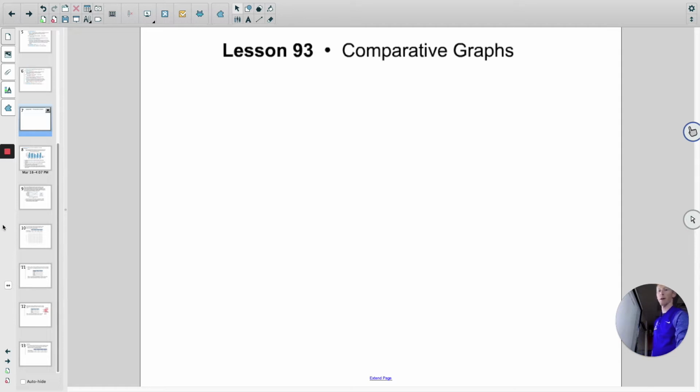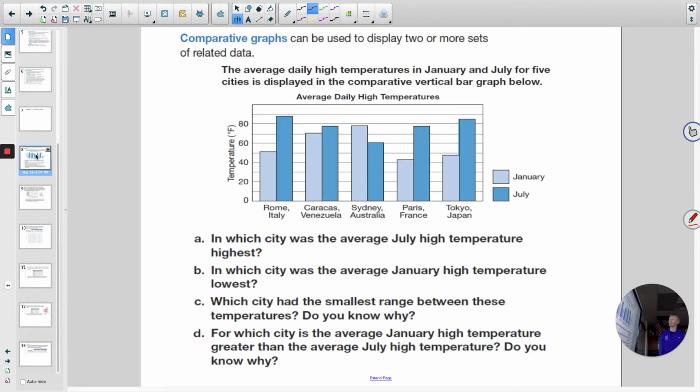All right, so for comparative graphs, there's really two types of graphs that we're going to look at. One is right here, the double bar graph. If you read what it says up here, comparative graphs are used to display two or more sets of related data.